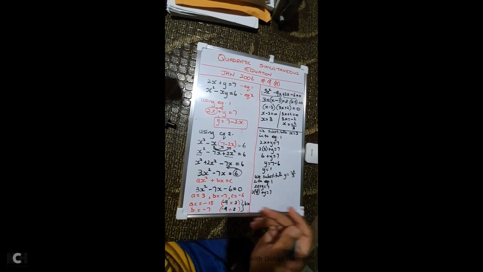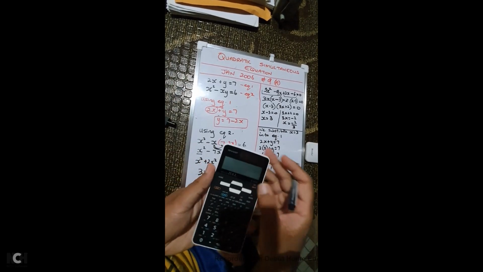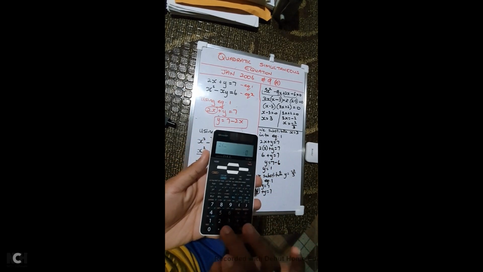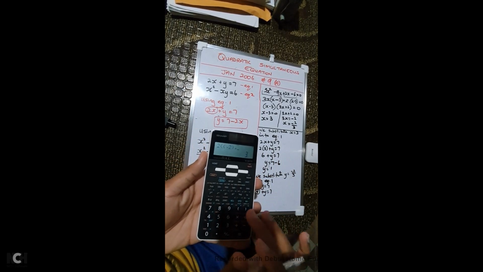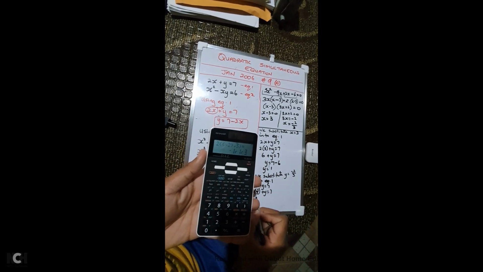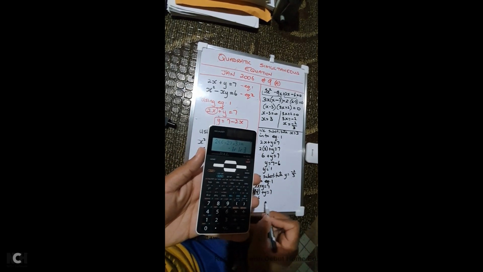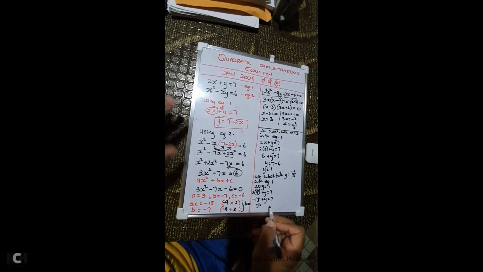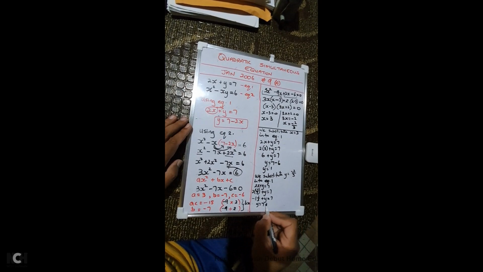And for those of you who do not know how to do this, you just take your calculator and put it on. 2 into negative 2 over 3 is equal to negative 1 and a third. So negative 1 and 1/3 plus y is equal to 7. y is equal to 7, this goes across, plus 1 and 1/3. y is equal to 8 and 1/3.